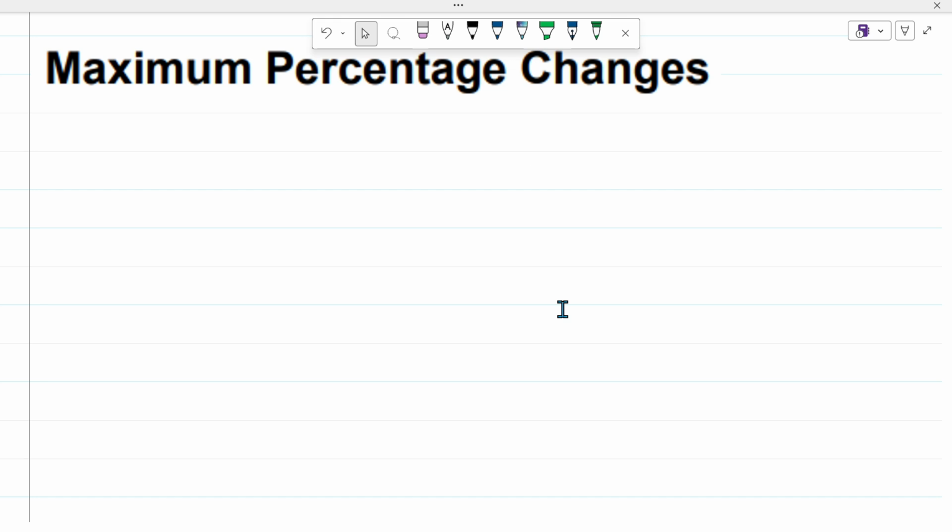So I'll start with the formula for this maximum percentage change. It is the same thing. This formula is the same as that on small change and percentage change. So let me write it down.